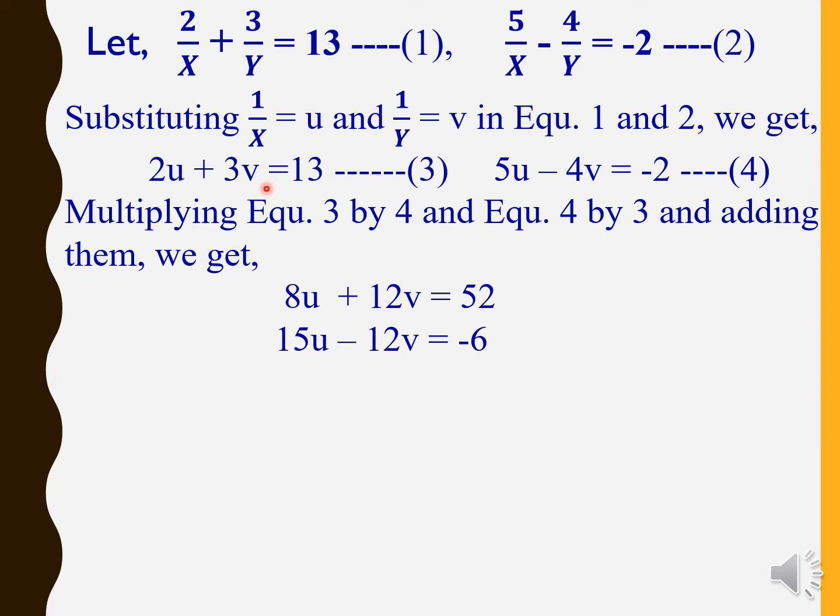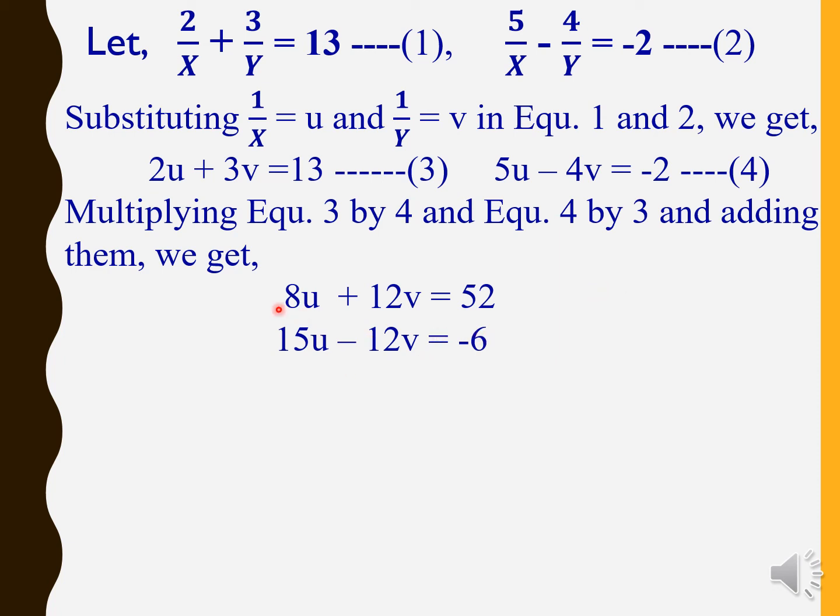We multiply equation 3 by 4 and get the second term as 12v, and multiply equation 4 by 3 and get minus 12v. Clearly, if we add them, we can eliminate these two terms, so we will be left with only u.